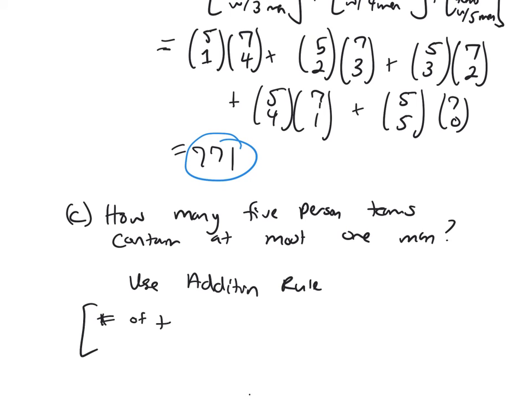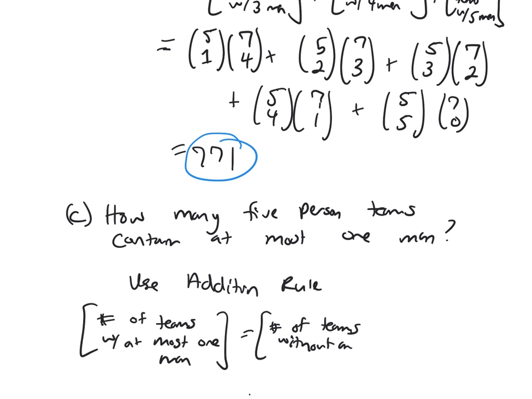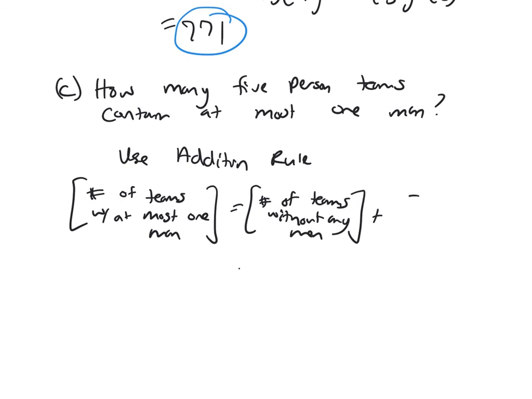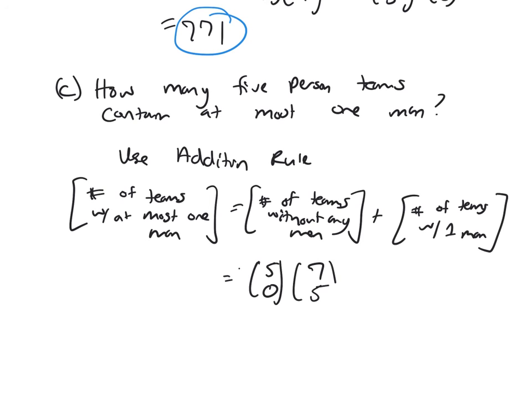So the number of teams with at most one man is the number of teams without any men plus the number of teams with one man. If you have no men, it'll be 5 choose 0, and then 7 choose 5.